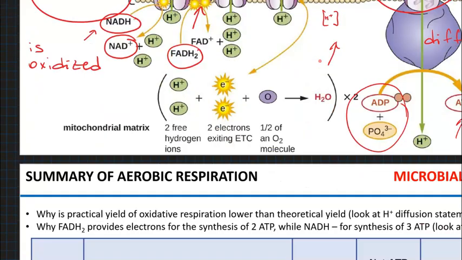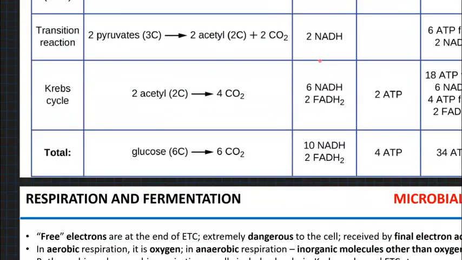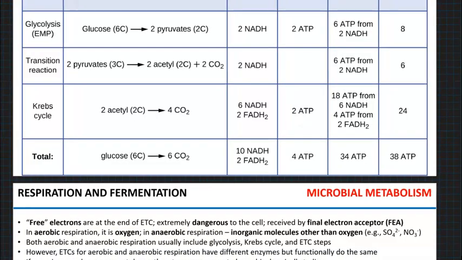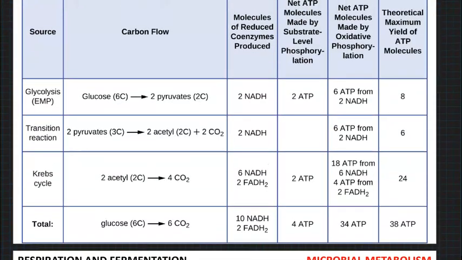Well, this is the summary of aerobic respiration, okay? I'm not going to recite the entire table. As a matter of fact, I'm not going to recite these two columns because we already discussed this. Now, few things. First of all, some differences. So you need to know the products of each step.